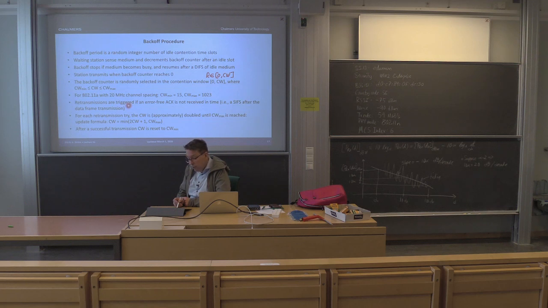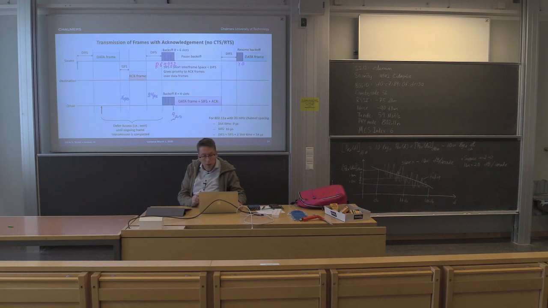And if you remember how this was set up, the ACK after a data frame needs to start to arrive after a SIFS. If it hasn't arrived by then, we know it's going to be lost. So the timeout that we typically have in these stop-and-wait type of protocols is a turnaround time, but here the turnaround time is determined by the protocol to be a SIFS plus the length of an ACK frame.